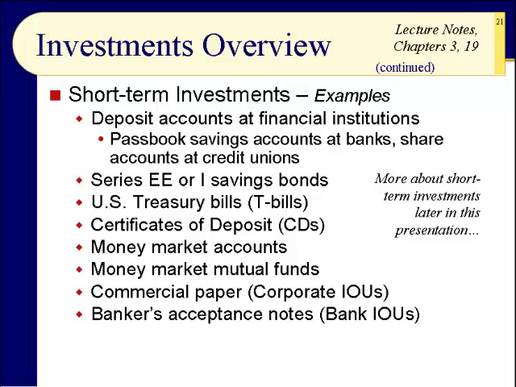Series EE or I savings bonds, treasury bills, not treasury bonds, but treasury bills. CDs, certificates of deposit, money market accounts, money market mutual funds, commercial paper, what a silly name, bankers acceptance notes. What are these things? Well, we'll discuss these later in detail.